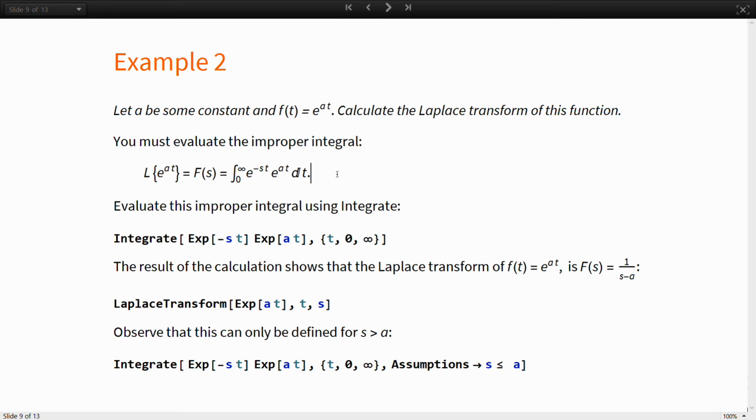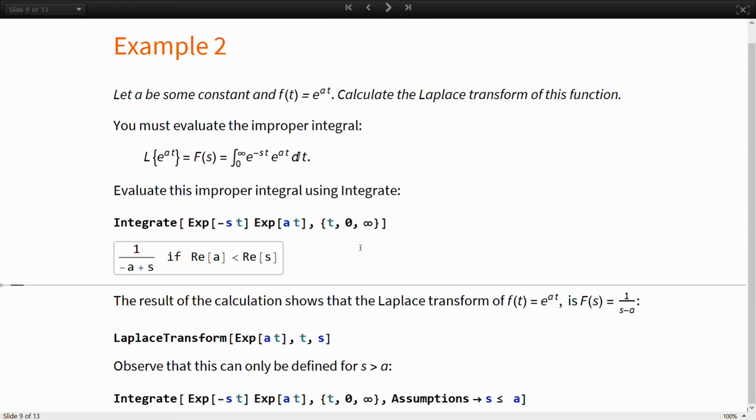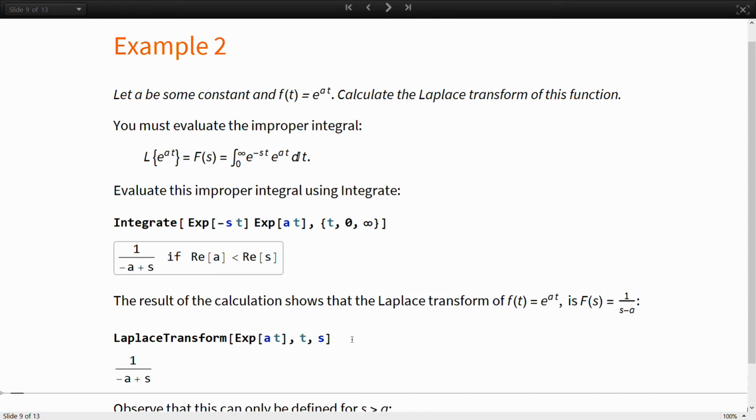This improper integral can be computed with ease in the Wolfram language. The result shows that the Laplace transform of e to the a times t is equal to 1 over s minus a. This can be confirmed using the Laplace transform function in the Wolfram language.